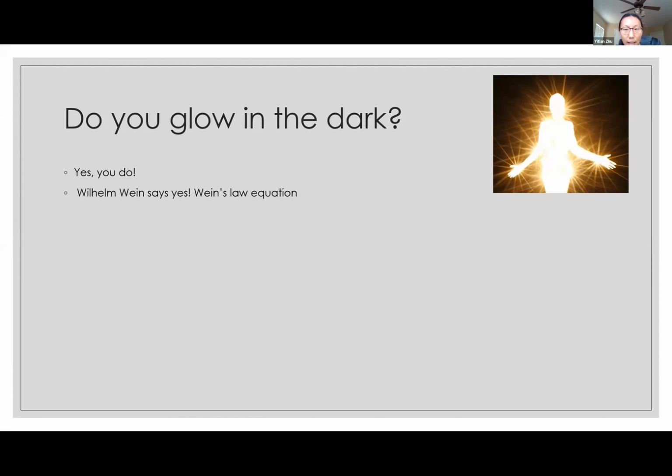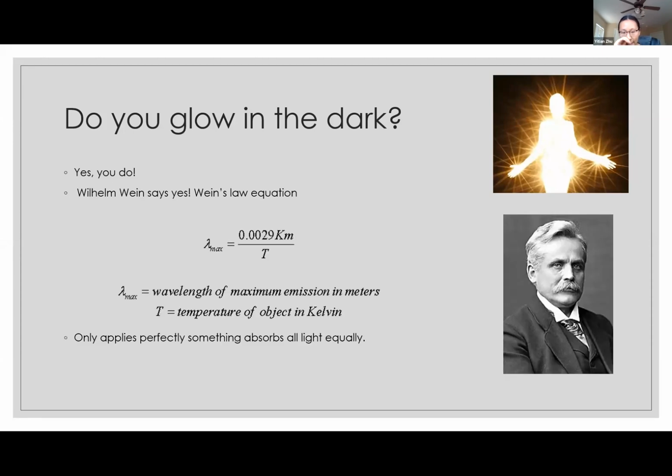And so now Wilhelm Wien, who is a really intelligent scientist, related the temperature with the wavelength that you glow. So lambda max is the wavelength of light that you emit mostly.